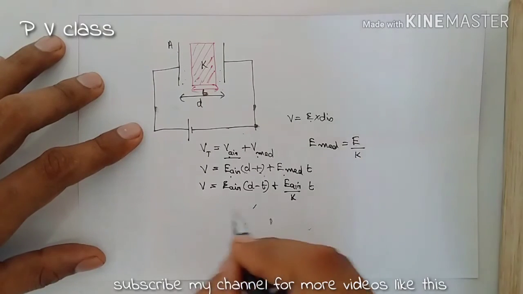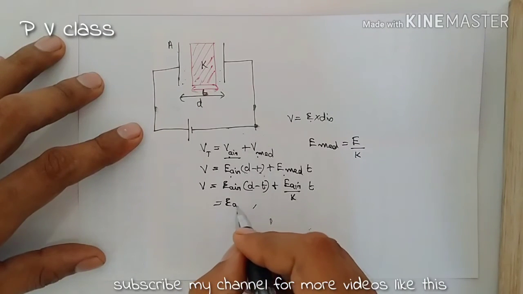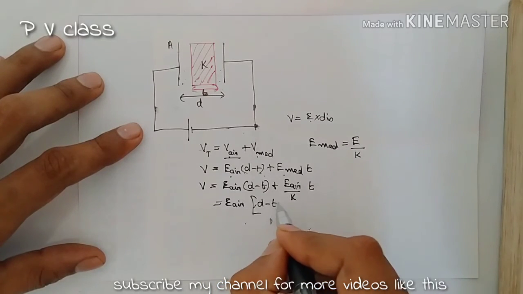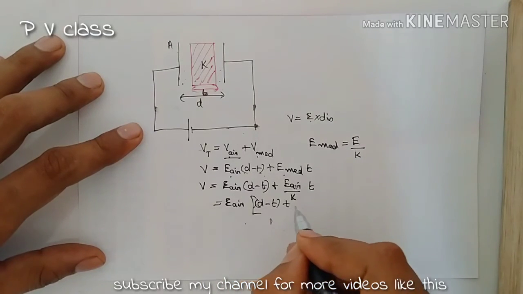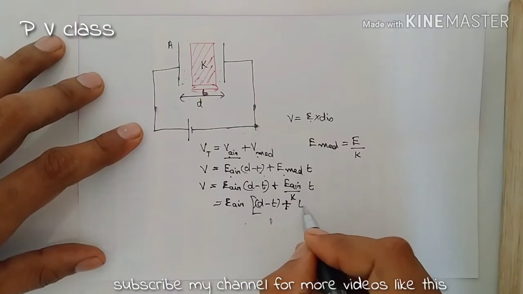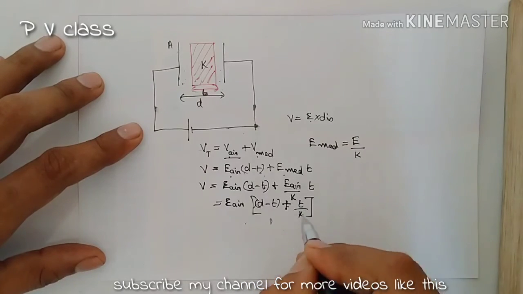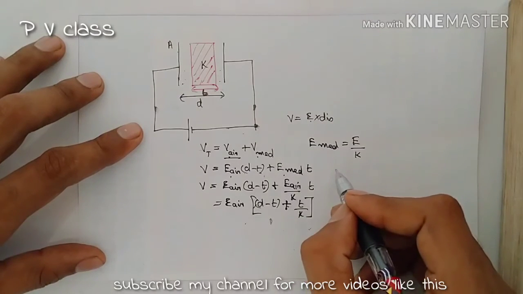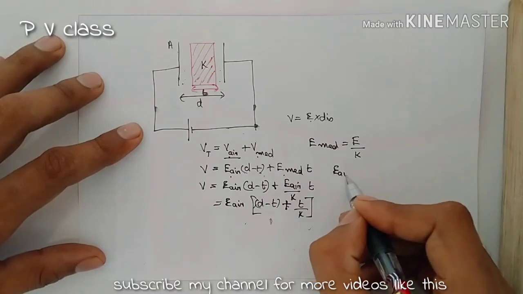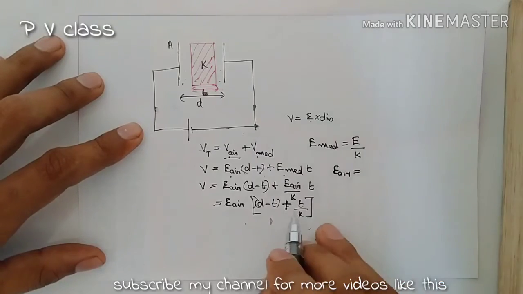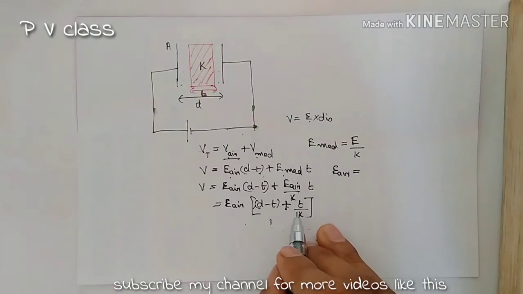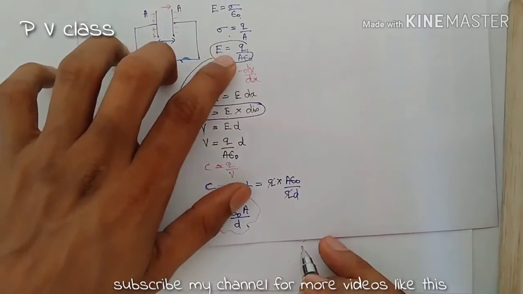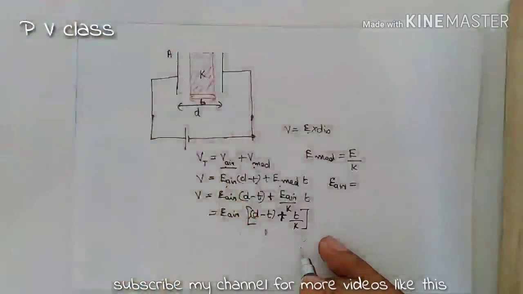From which we could take electric field intensity in air out, then the remaining thing is D minus T plus T by K. Then we know electric field intensity in air, from our derivation of the parallel plate capacitor, is Q by A epsilon 0.